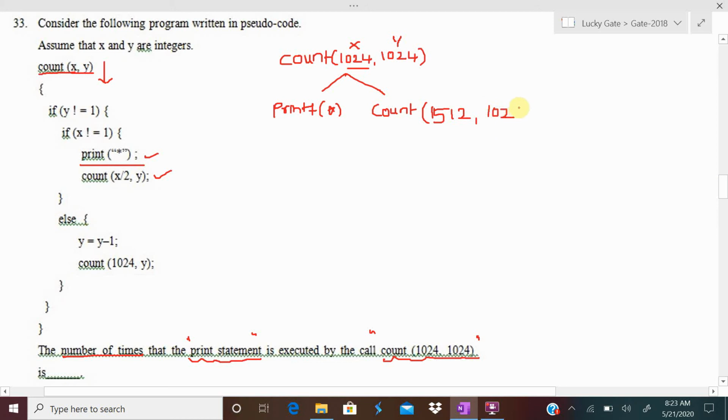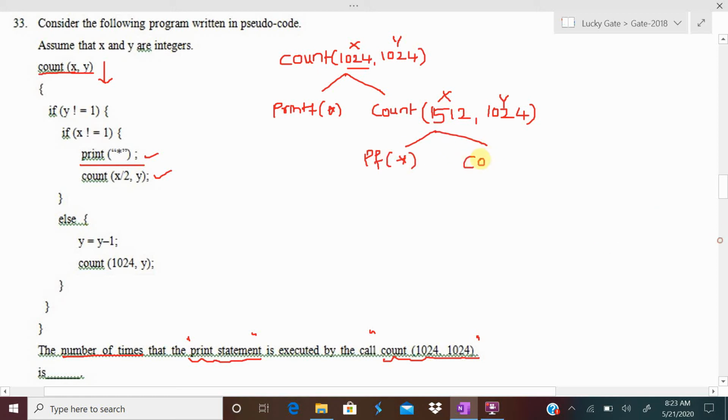Just observe this point. Again count is called with x as 512 and y as 1024. Because y is not equal to 1 and x is not equal to 1, both are true, so again it executes the printf statement and prints star.